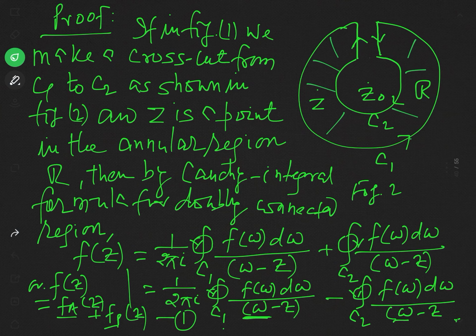Now, let us join these two circles by a cross cut, or you can say by a scissor cut. See this figure, this is the scissor cut, and by this cut we join these two circles.